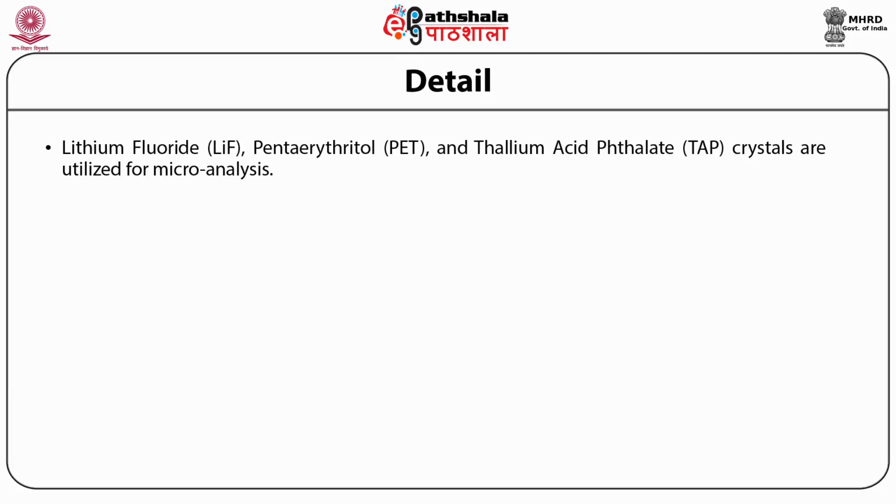Lithium fluoride, pentaerythritol (PET), and thallium acid phthalate (TAP) crystals are utilized for microanalysis. The wavelength range covered by these three crystals is lambda of the order of 1 to 24 angstrom.